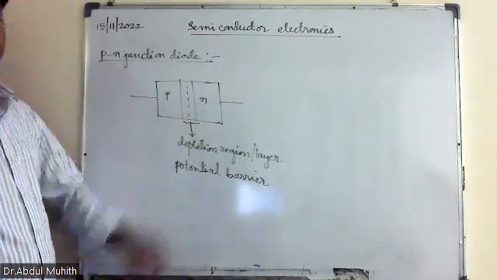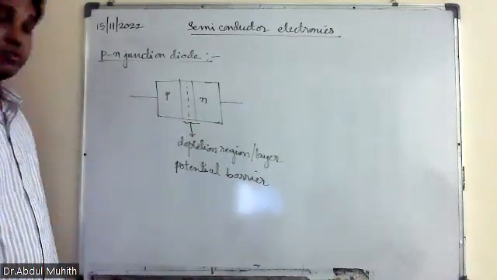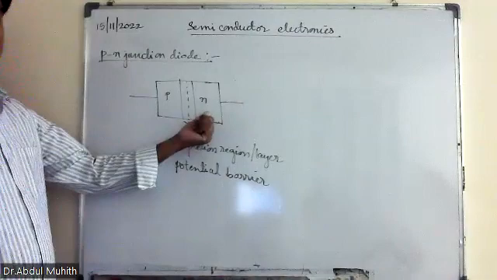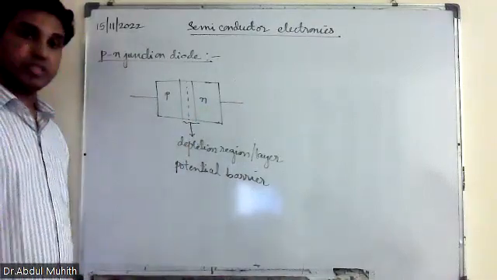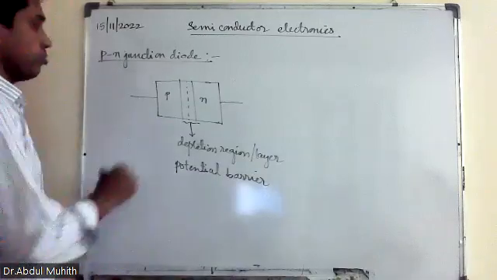In N-type semiconductor, majority charge carriers are electrons, and minority charge carriers here are holes. So this depletion region is formed due to the minority charge carriers.